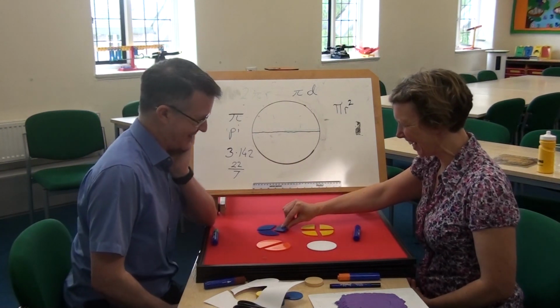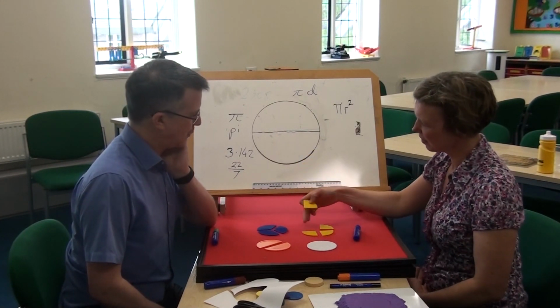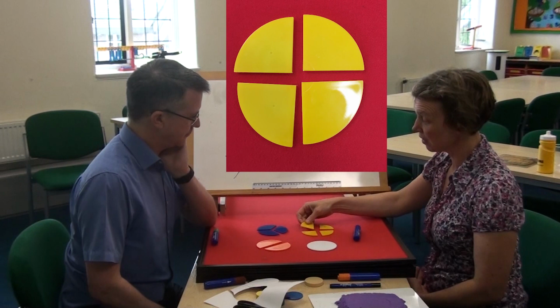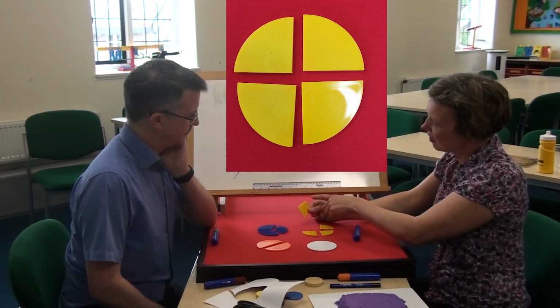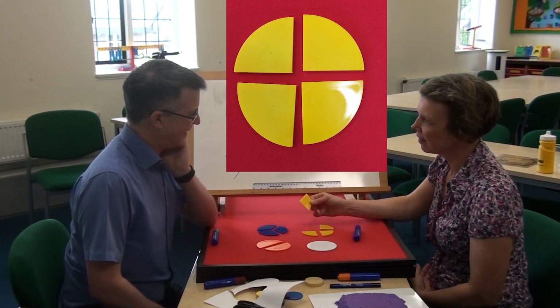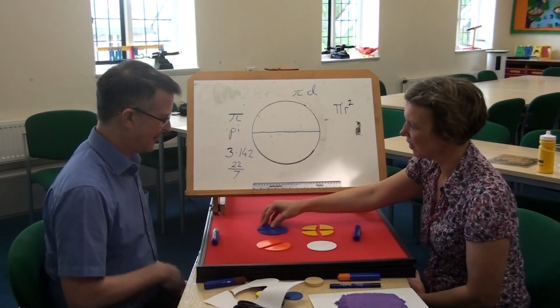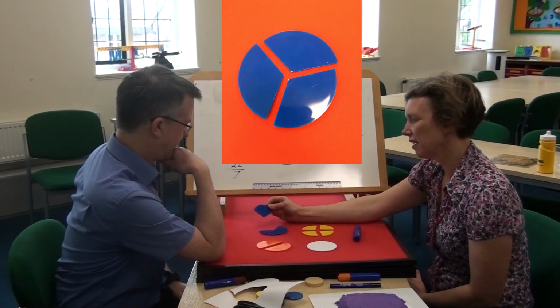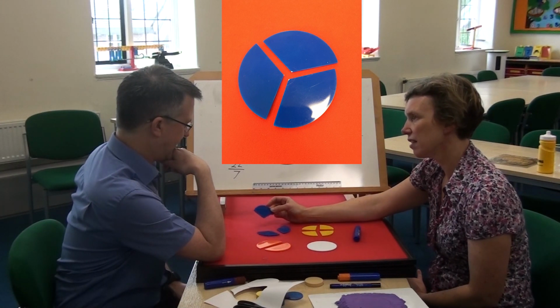If I pick one up, this has been split into 4 equal parts. I'm just interested in the distance all the way around one of those pieces. How would you work that out? Same with this one. That sector, I've split that circle into 3 equal parts. I'm just interested in the distance all the way around that.